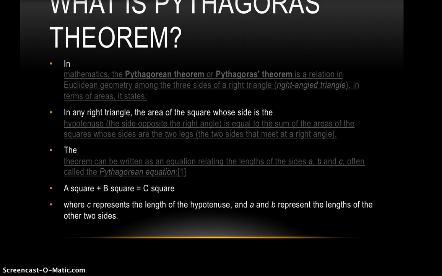In any right angle triangle, the area of the square whose side is the hypotenuse is equal to the sum of the areas of the other two sides. The formula is a square plus b square equals c square, where c represents the length of the hypotenuse, and a and b represent the lengths of the other two sides.